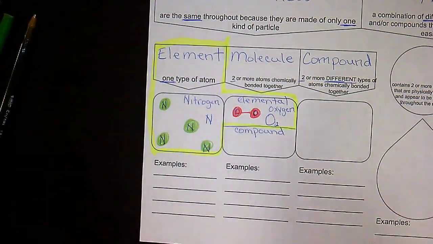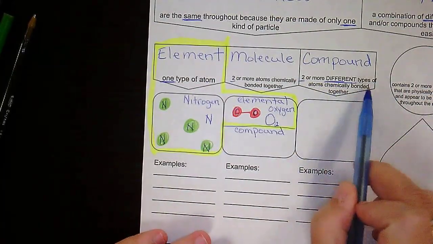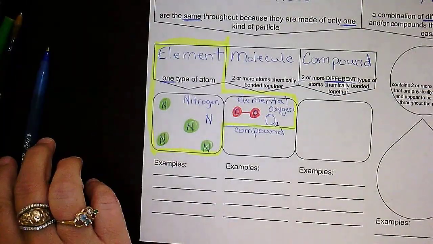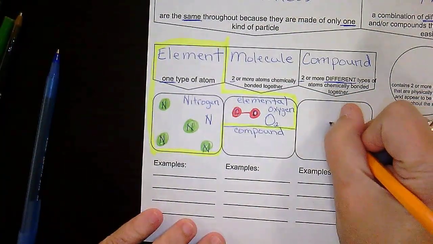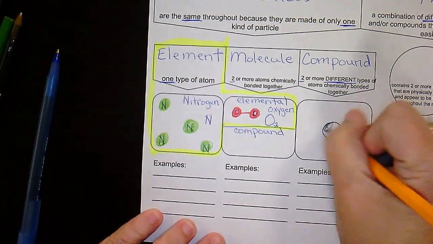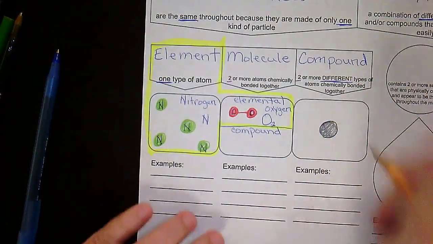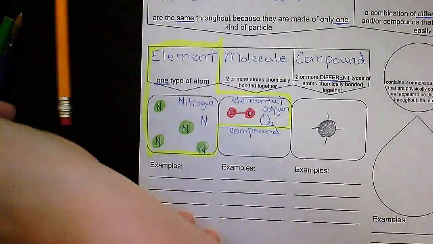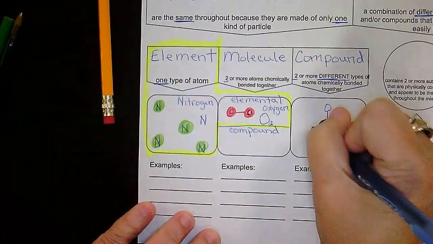Now, a compound is 2 or more different types of atoms that are chemically bonded together. And so I could have one molecule of carbon, and it could be bonded to 4 hydrogens.